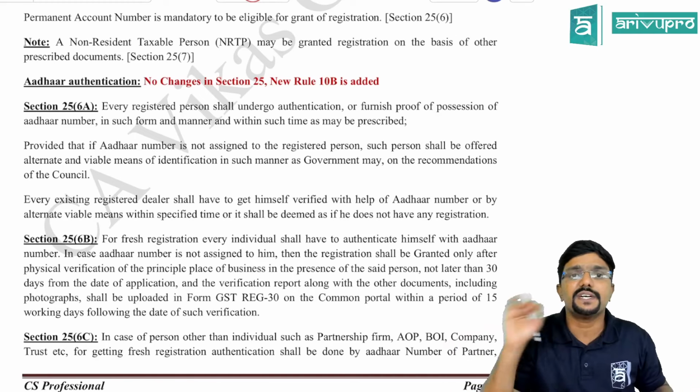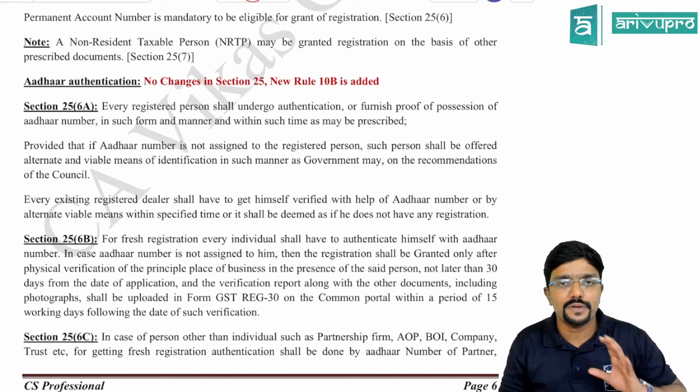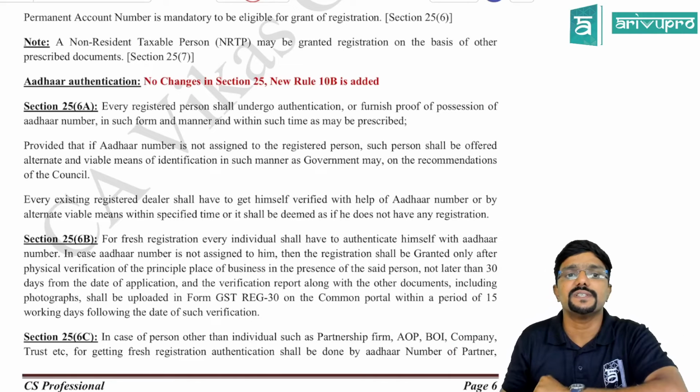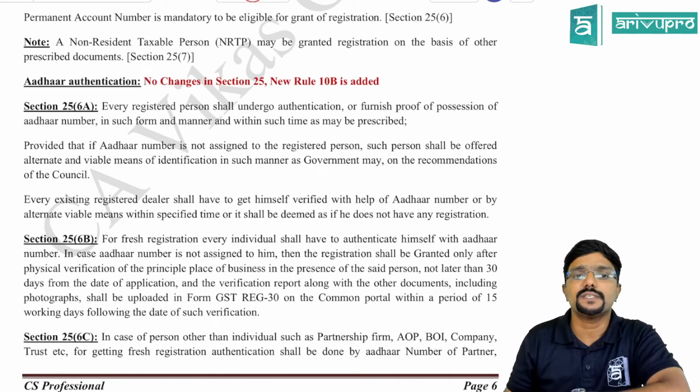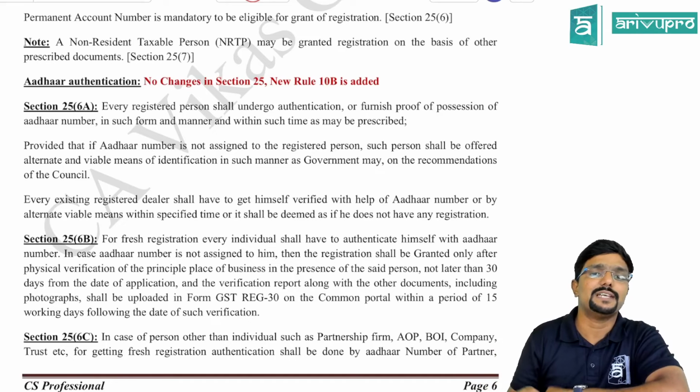If you are already registered under GST, now you have to get your Aadhaar authenticated. That is what subsection 6A is telling. Every registered person shall undergo authentication or furnish proof of possession of Aadhaar number in such form and manner and within such time as may be prescribed.